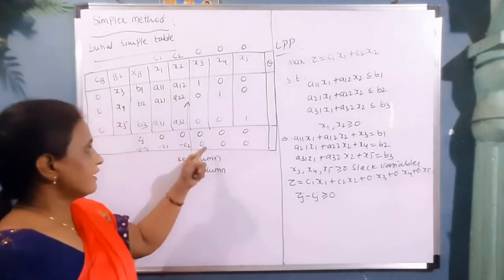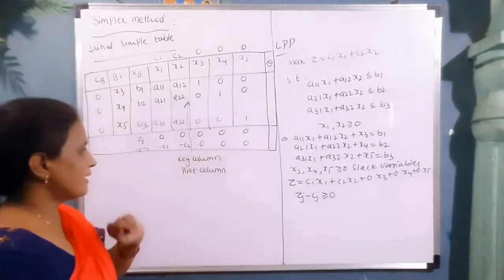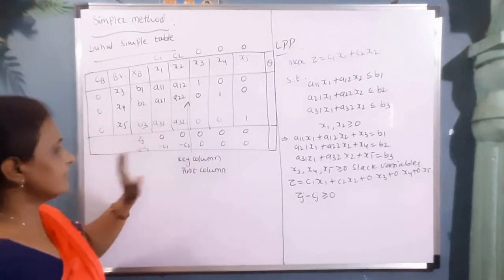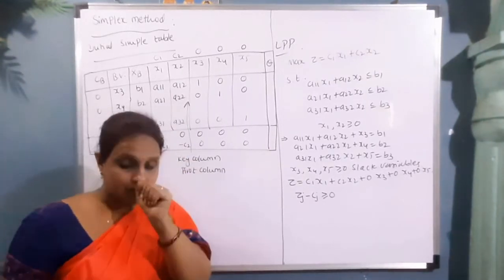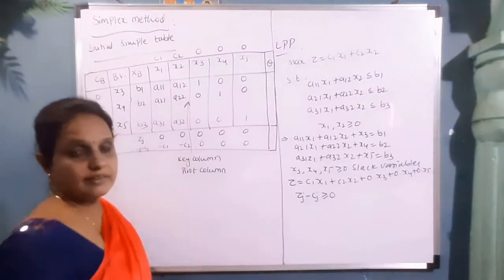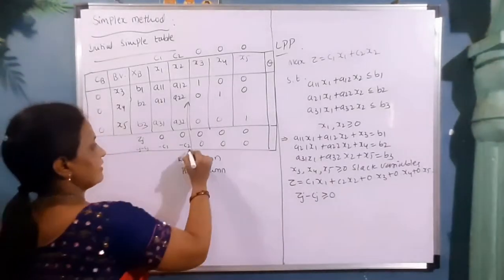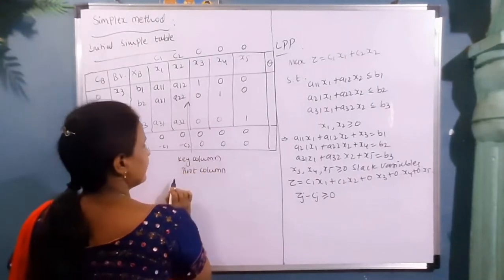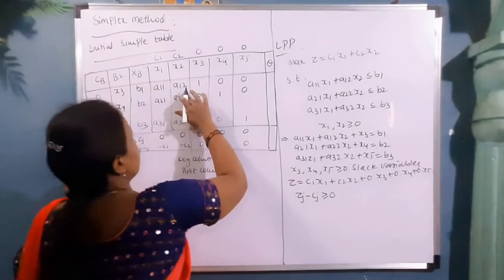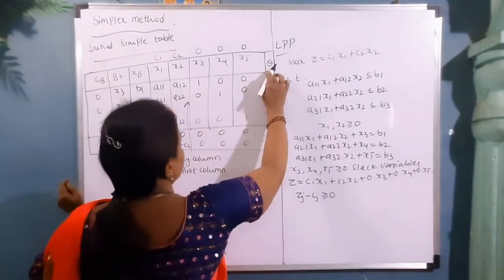So some are 0, some are negative, which means we have not reached the optimum. Among these, take the minimum value. Suppose minus C2 is minimum, then the corresponding column is called the key column or pivot column. Now, after this, we will find the ratio.